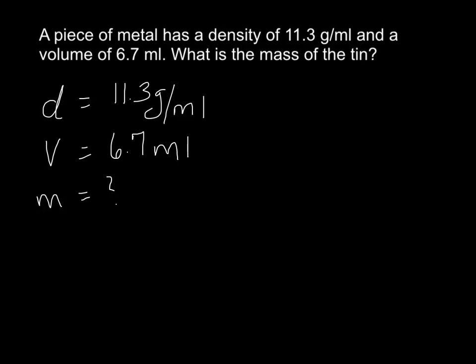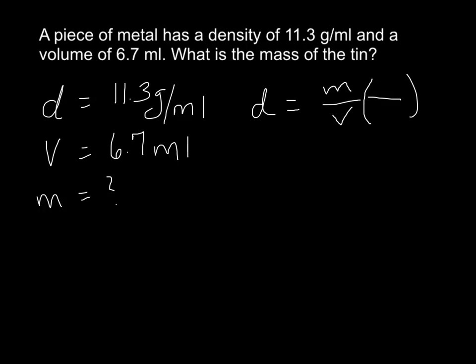Now I'm going to start by writing the equation. Density equals mass divided by the volume. So what we want to know is, what is the mass of this metal? Well, we've got to get rid of volume. And if you notice on the right-hand side, volume is in the denominator.